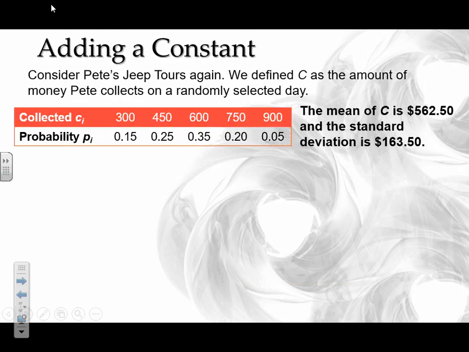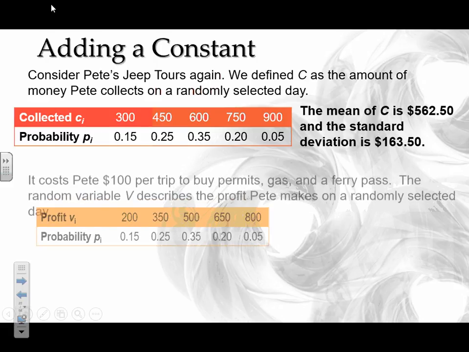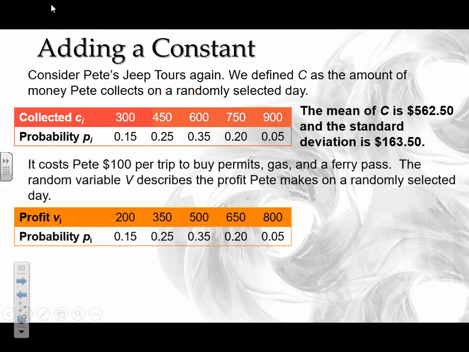So let's go back to Pete's tours. So, we talked about random variable C, the amount of money Pete collects on a randomly selected day. Now, in order to operate his business, Pete has specific costs that come into play. So, let's say it costs Pete $100 per trip to buy permits, gas, and a ferry pass.